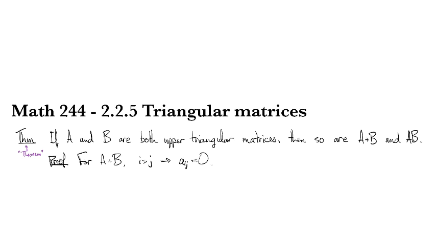So I'm just recalling the definition here. I guess I should say, and b_ij is equal to 0 because they're both given to be upper triangular matrices. So a_ij plus b_ij is also going to be equal to 0.